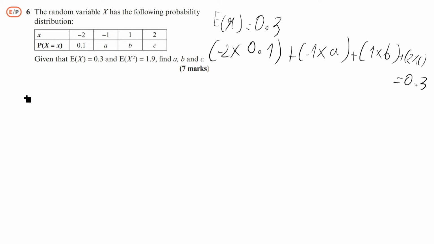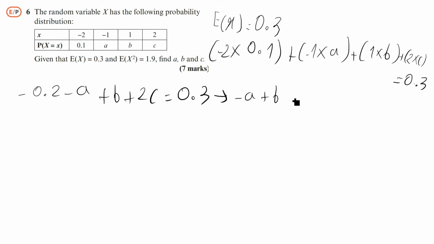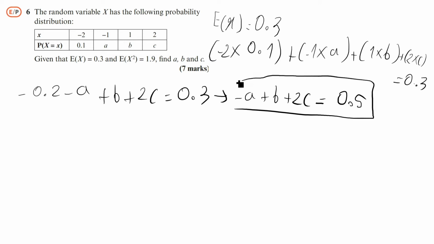So minus 0.2 minus a plus b plus 2c is 0.3, and the next step is minus a plus b plus 2c. Oh, the equation has three unknowns, sorry. And this here will be 0.2. This is the first equation that we get.